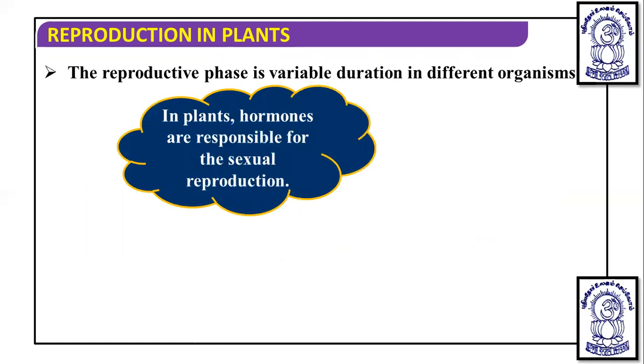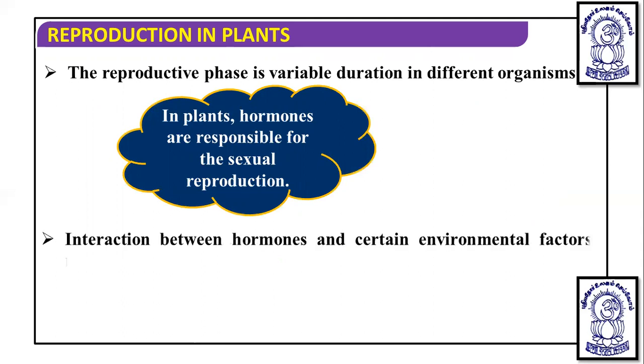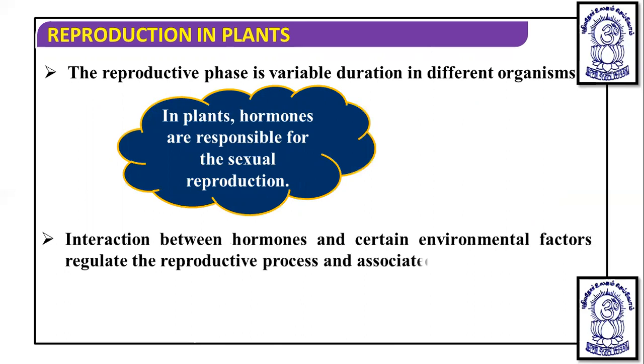In plants, hormones are responsible for sexual reproduction. The interaction between the hormone and certain environmental factors regulates the reproductive process and associated expression. So how the reproductive process is going to happen is dependent on the hormone and environmental factors.